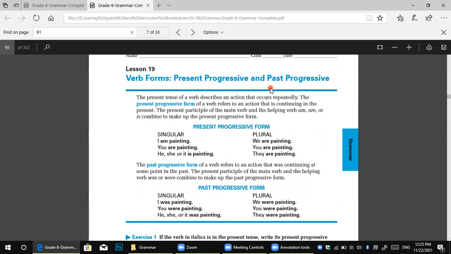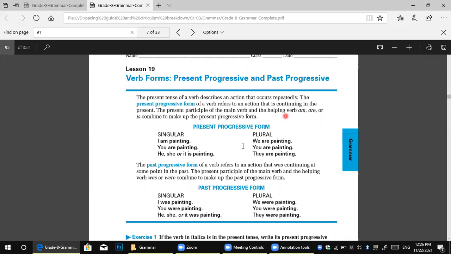The past progressive is something that has happened for a long time in the past.